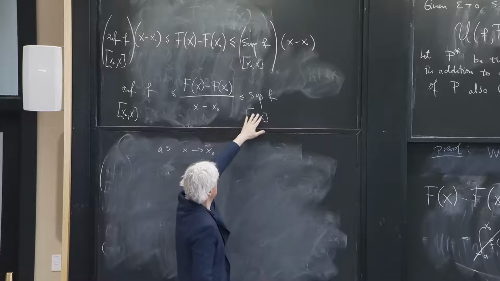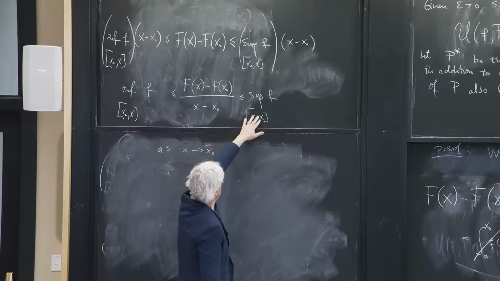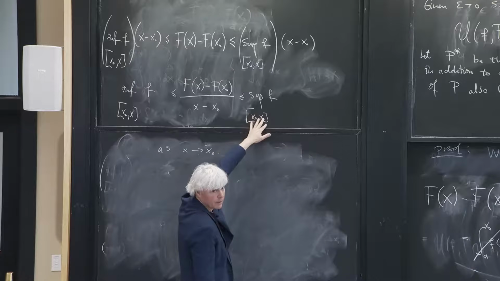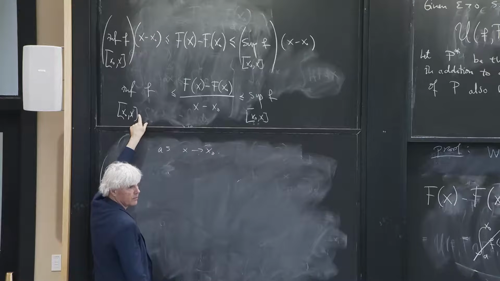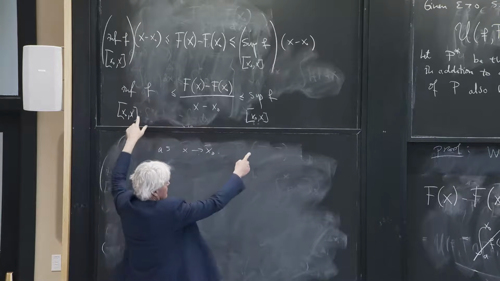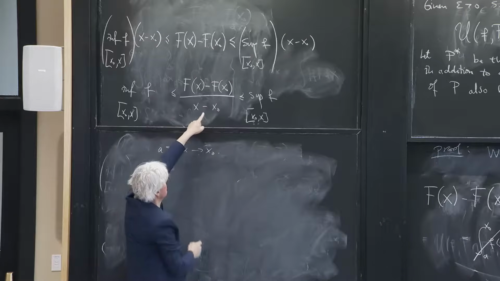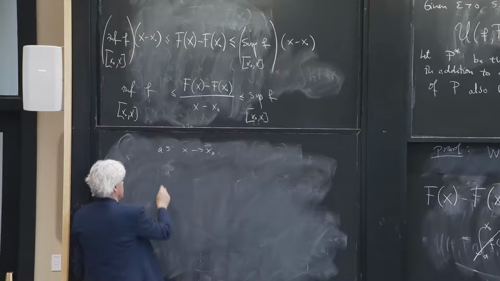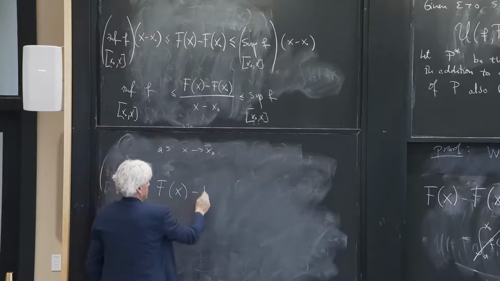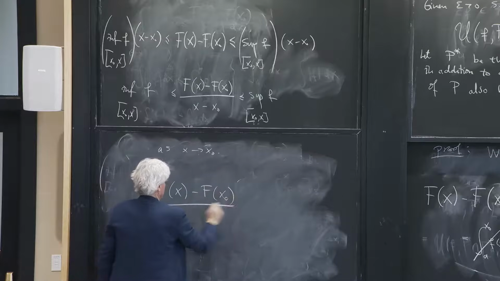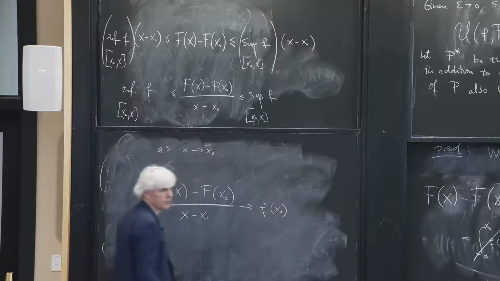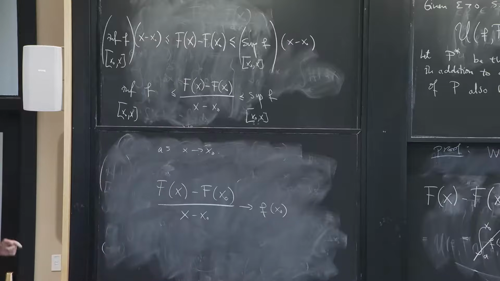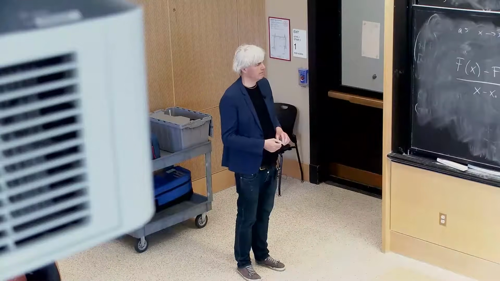So you see that the right-hand side here goes to little f of x0, and the left-hand side goes to little f of x0, right? So this means that this thing is squeezed between these two numbers that go to the same number. So this difference quotient here goes to f of x0, because it's squeezed between those two numbers that converge to the same number, namely little f of x0.